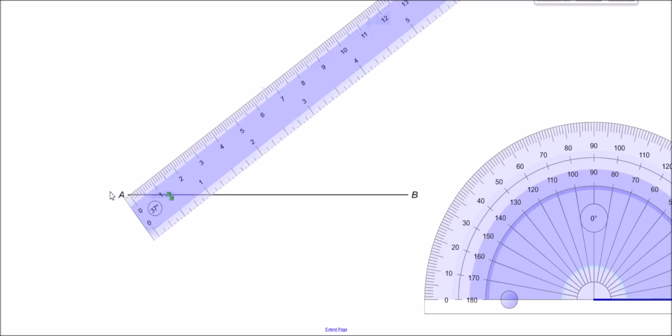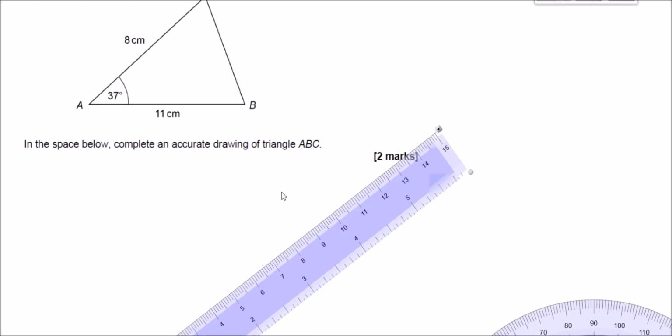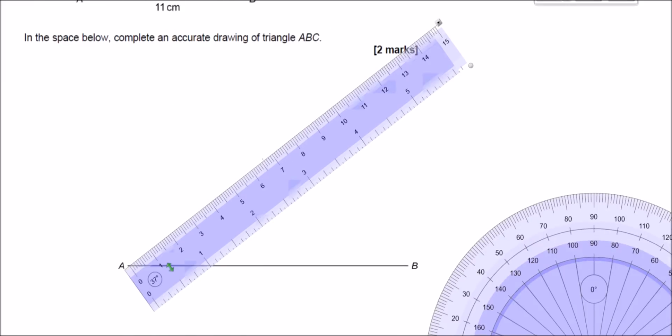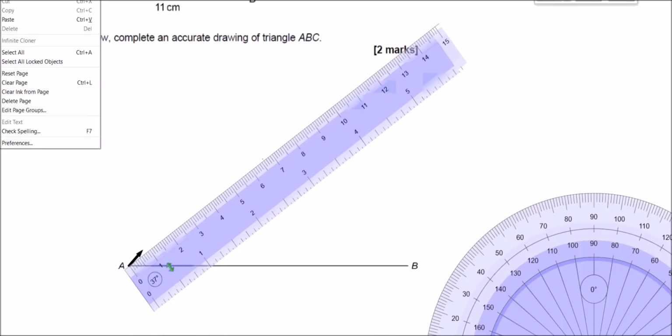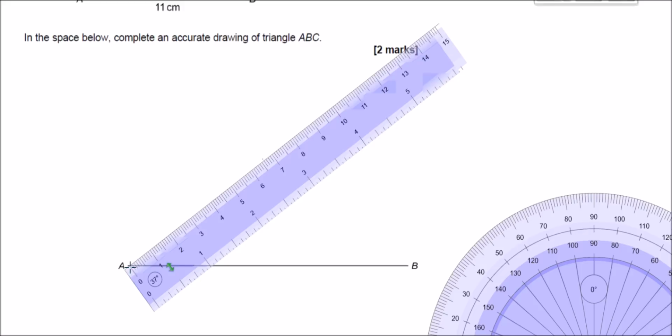Now what we need it to measure is 8 centimeters, like we had above. And so we need to get a straight line using the ruler and do a straight line from A, going through the point we've just found using the protractor, and extend it to 8 centimeters, which is here.